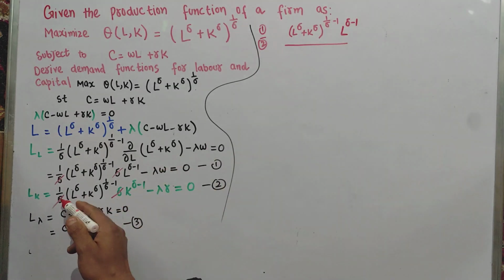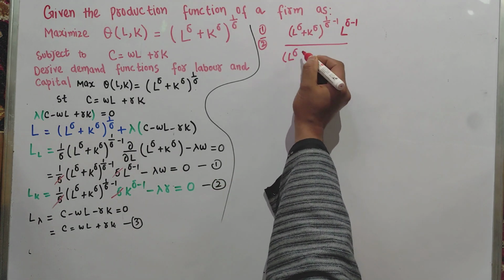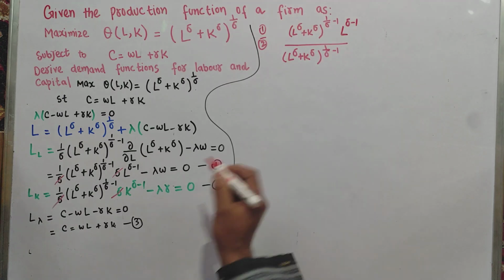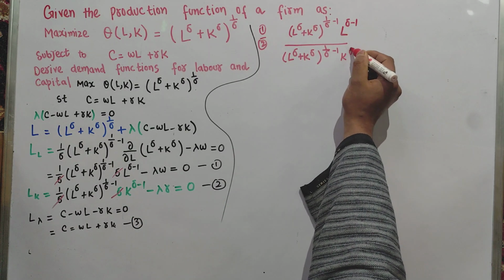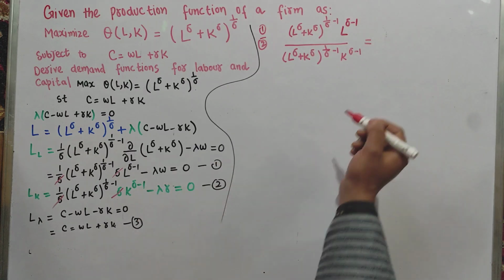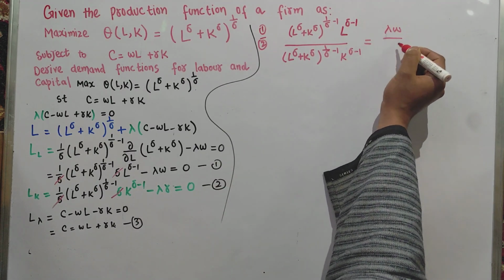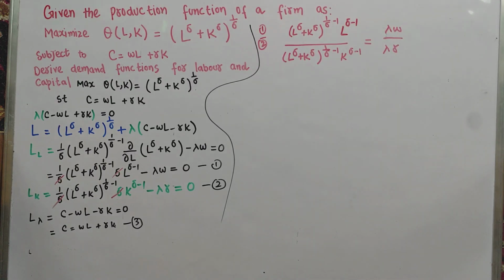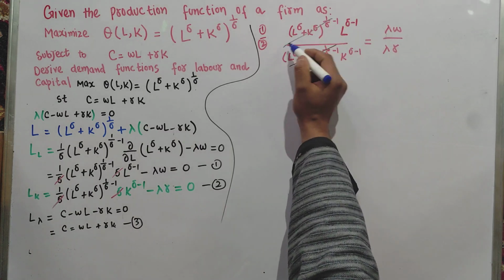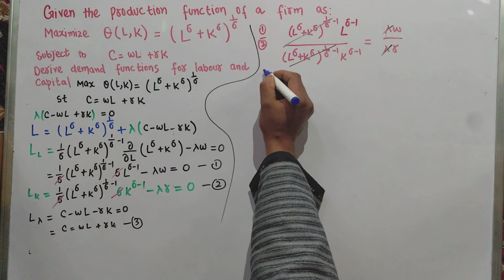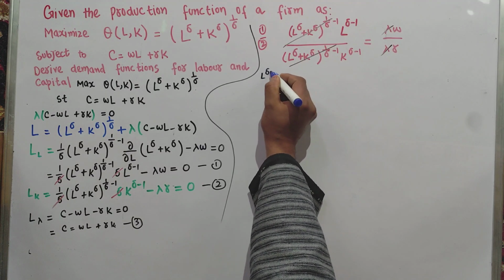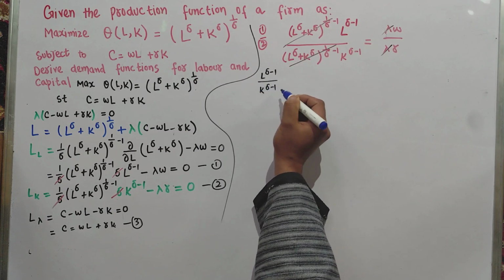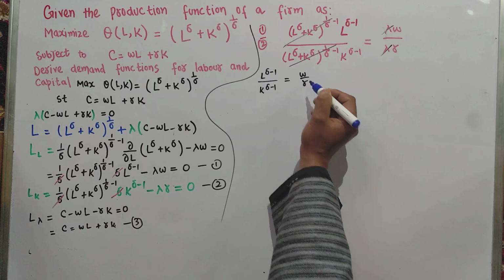To this we divide by this equation, that is L raised power delta plus K raised power delta whole raised power 1 upon delta minus 1, and here we have K raised power delta minus 1, which should be equal to lambda W upon lambda R. Here we can do some cancellation: this term and this term get cancelled, lambda and lambda get cancelled, and we are left with L raised power delta minus 1 divided by K raised power delta minus 1 is equal to W upon R.